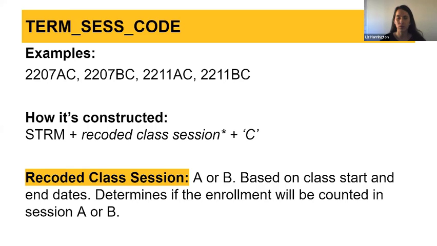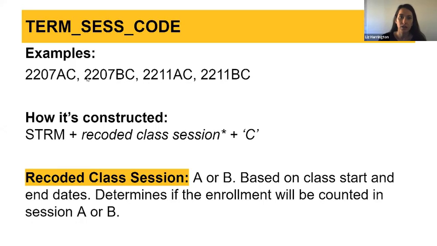This I touched on a little bit in a presentation yesterday, which is how term ses code is generated for enrollment records. The examples up here are term session codes. It is a concatenation of STRM, the session in which the enrollment took place, and the letter C. Typically, this AC-BC time period represents that C session enrollments are duplicated across both A time periods and B time periods.